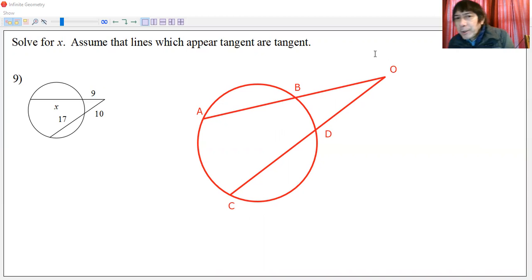The theorem here is something like this. The product of the entire length of the secant and its external segment is equal to the product of the other secant and its external segment. This is the theorem.